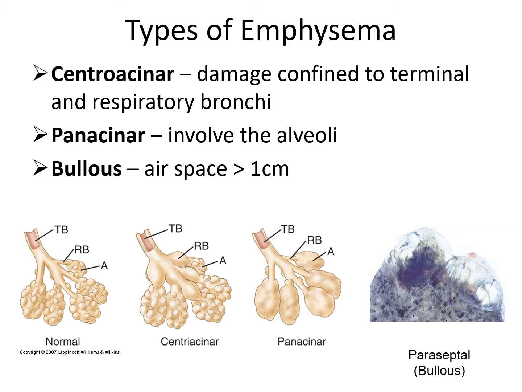In panacinar emphysema, we've destroyed the entire alveolus. So you'll notice now we've lost that grape-like cluster altogether. Not just primarily up here, proximal to the alveolus, but now we've lost all of this. So that's panacinar.